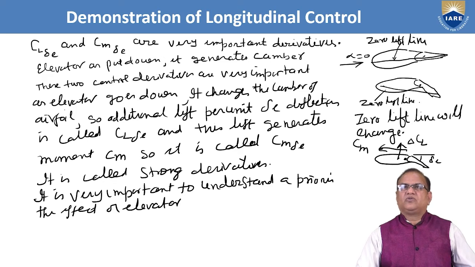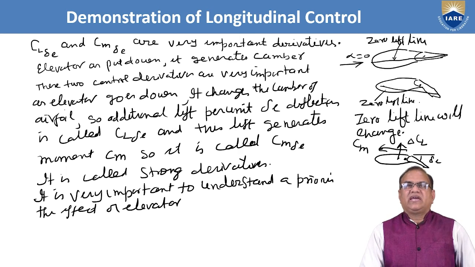Now I want to further demonstrate the longitudinal control. Here we can see that some terms are used, like CL delta E and CM delta E, which are very important derivatives. When the elevator is put down, it generates a camber. These two control derivatives are very important.